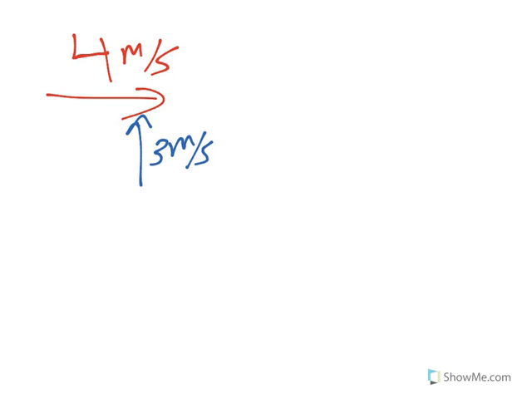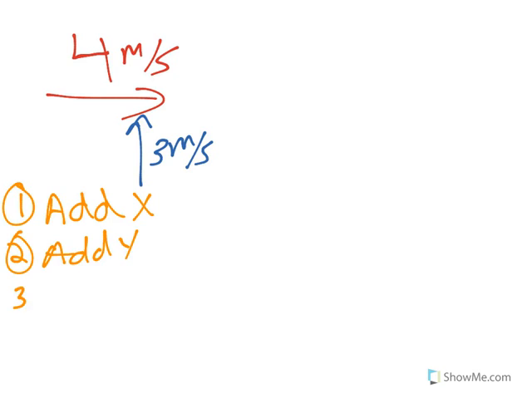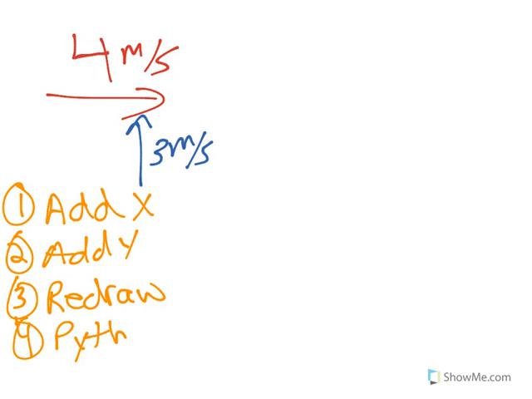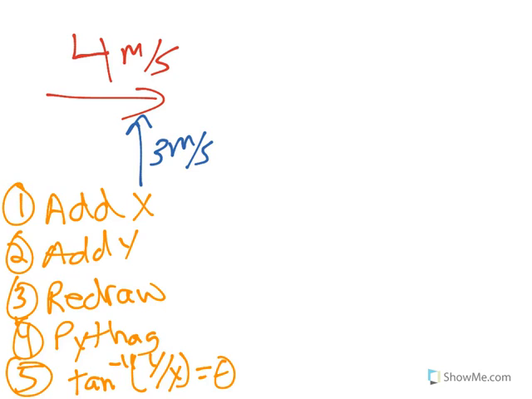And the way you do vector math, remember, is there's 5 steps. 1, add the x's. 2, add the y's. 3, redraw. 4, do the Pythagorean theorem. And then if you have to, there's the 5th step of finding the angle, which will be tangent -1 y over x. This is not always necessary, but if it asks for the angle, that's how you would find it.